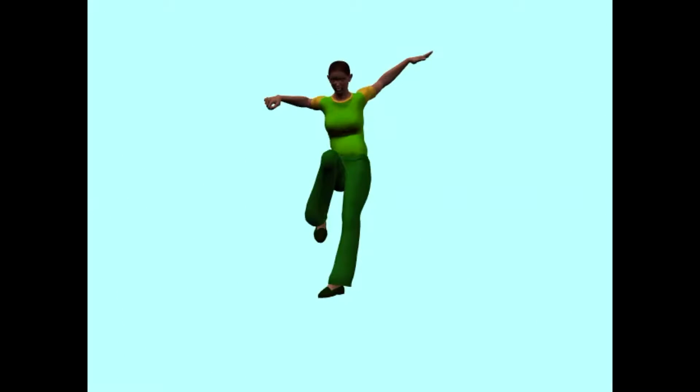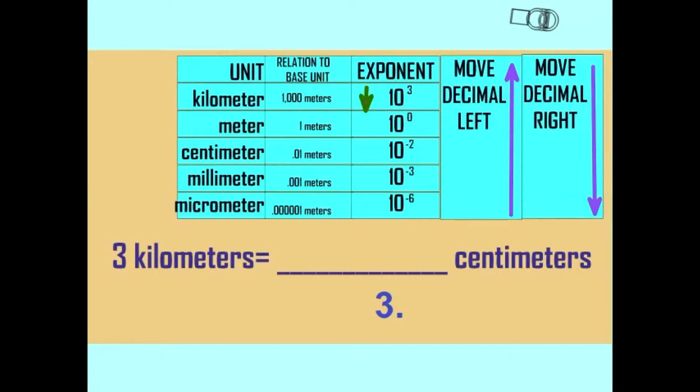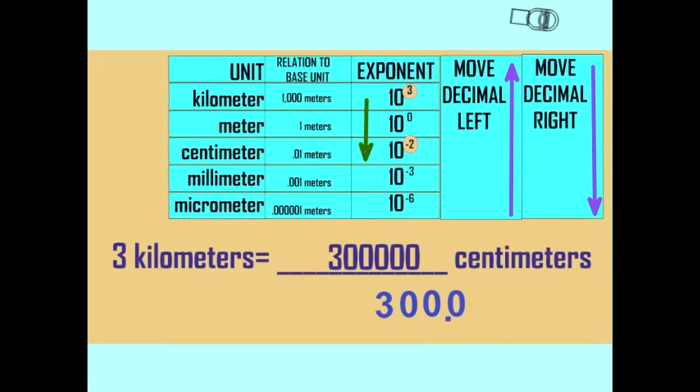How many centimeters would 3 kilometers be equal to? If I want to convert kilometers into centimeters, I see that kilometers are represented by the exponent of 10 to the third of our base unit meters, while centimeters represent 10 to the minus 2 meters.